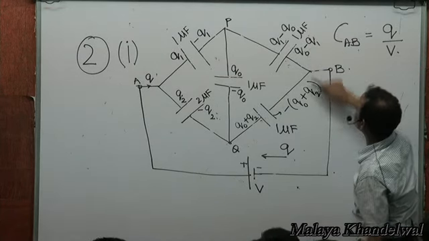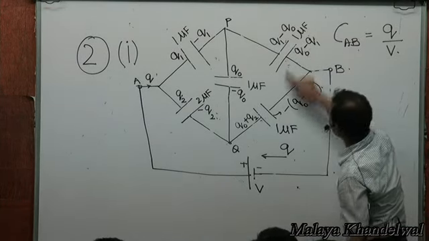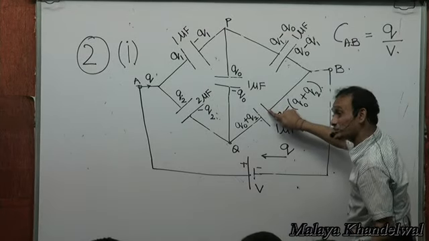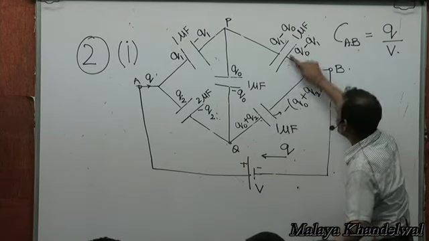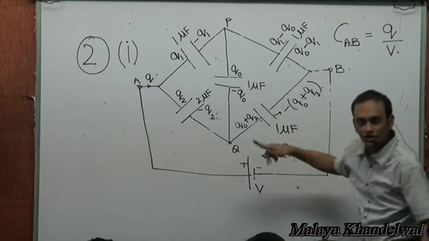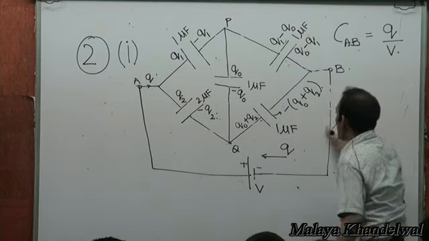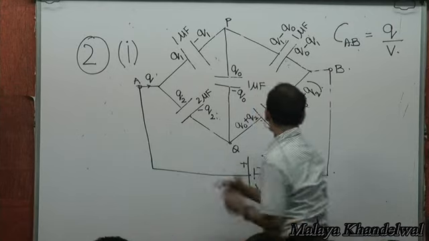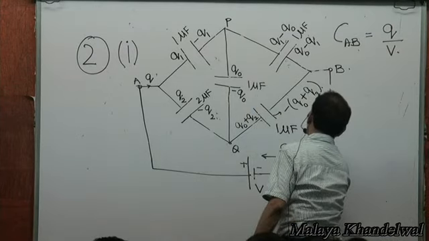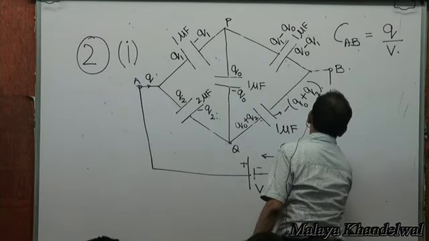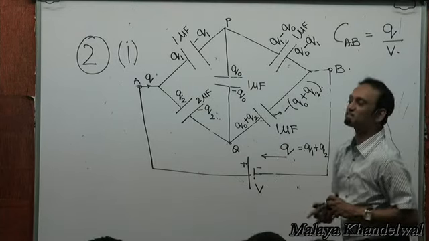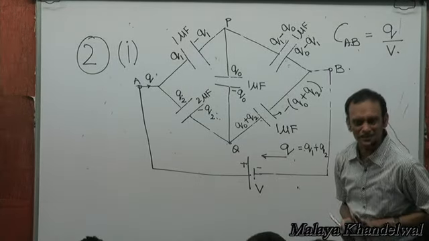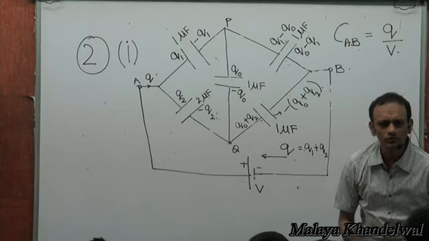Then this will be minus Q1 minus Q2. That means together these two plates have lost charge Q1 plus Q2, which is actually equal to Q, which has flowed past the battery. Q is actually Q1 plus Q2. All charges are in supreme balance. See the balance of charges everywhere? Yes or no?